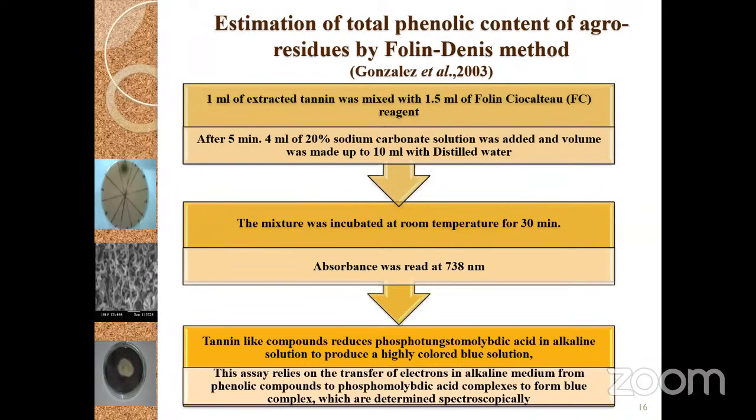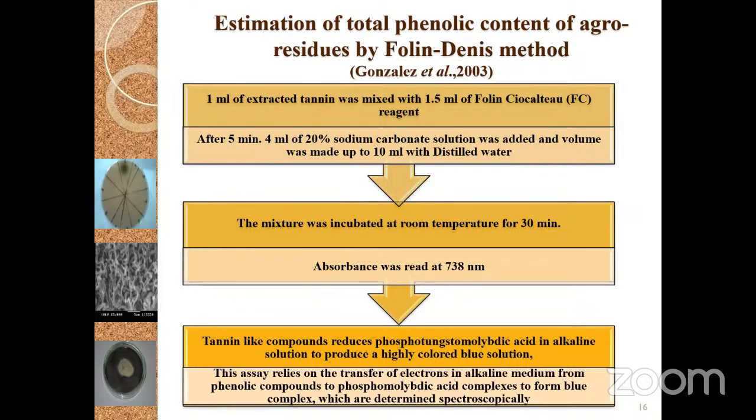Then this mixture was incubated at room temperature for 30 minutes, and absorbance was read at 738 nanometers. When tannin-like compounds reduce the phosphotungstomolybdic acid in alkaline solution, it produces a highly colored blue solution. So this Folin-Denis method relies on the transfer of electrons in alkaline medium from the phenolic compound to the phosphomolybdic acid complex to form the blue complex.